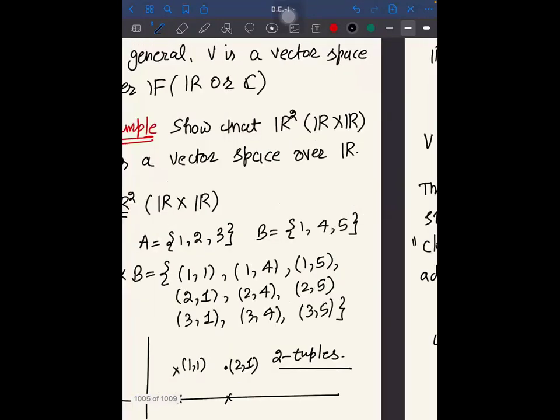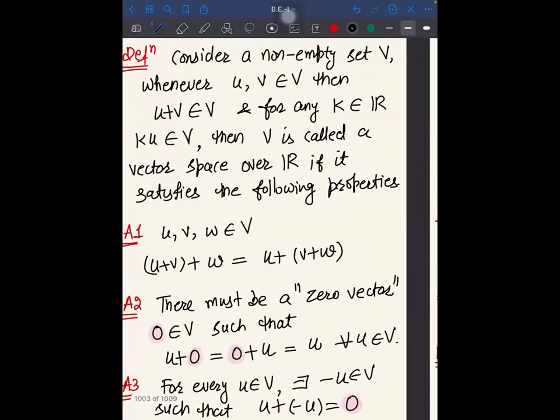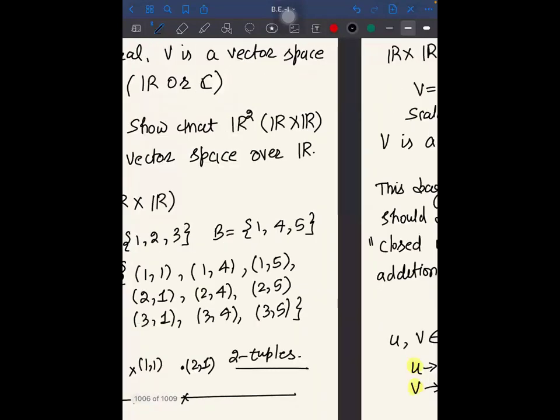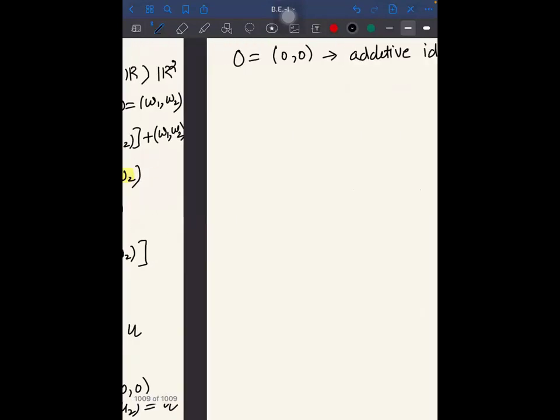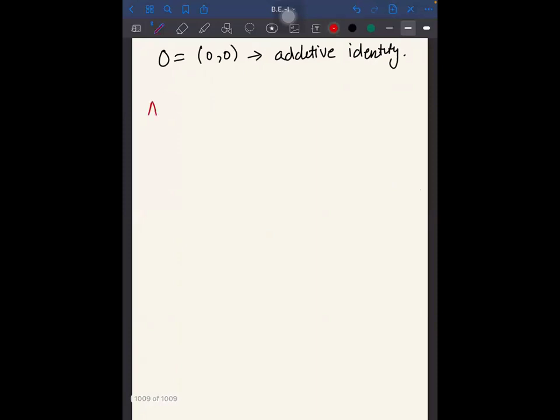Now let's go to A3. A3 means existence of additive inverse. Can you find, for every u, a minus u so that u plus minus u becomes 0? Can you add something to (2, 3) so that it becomes 0?